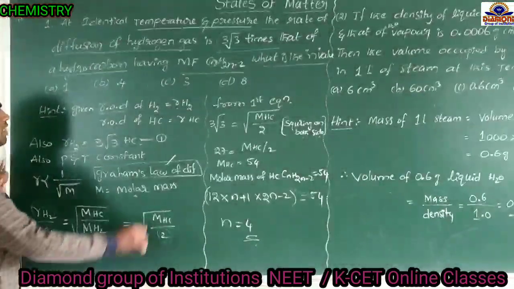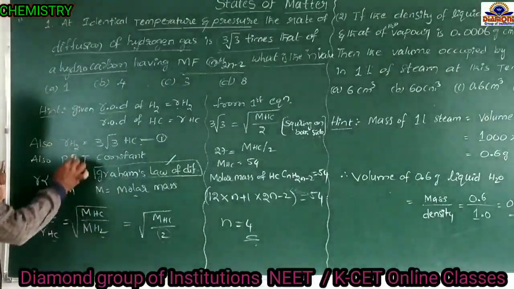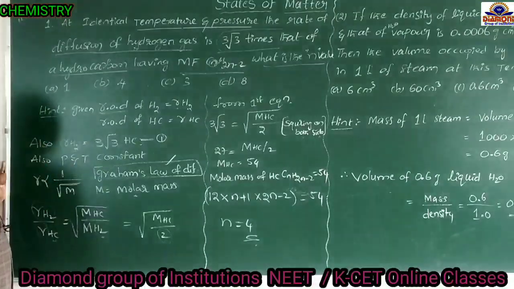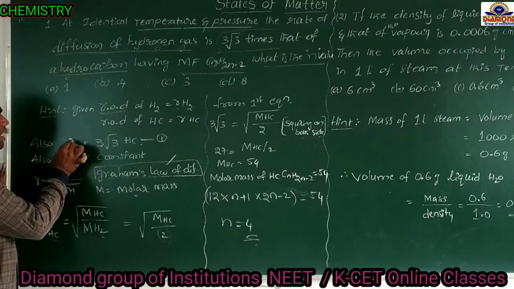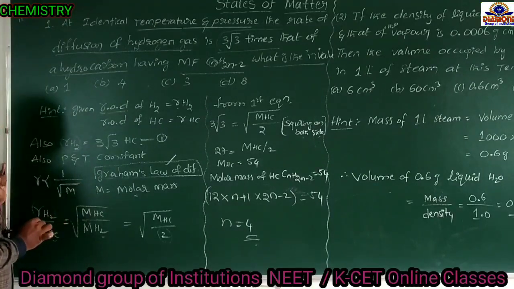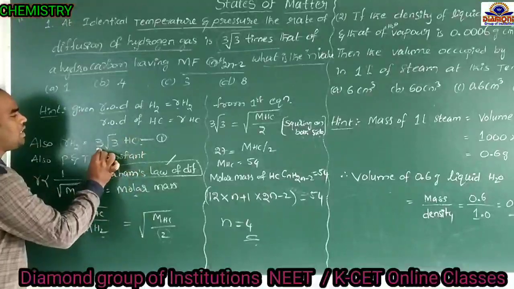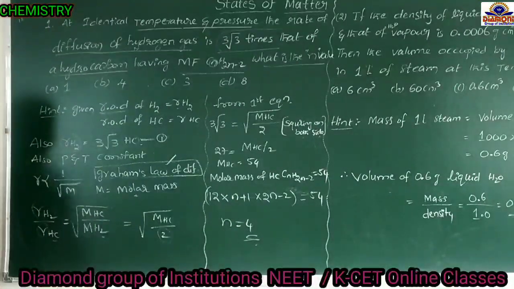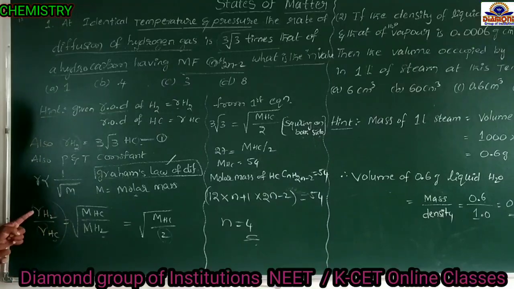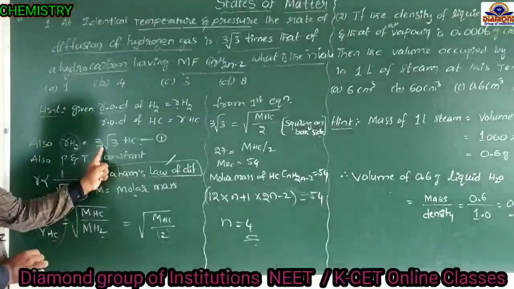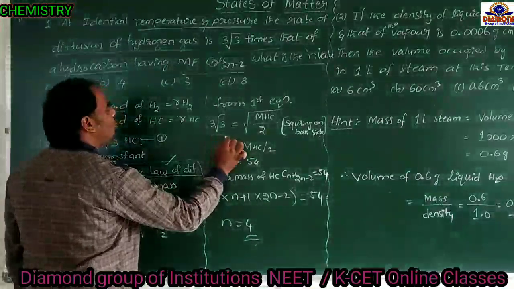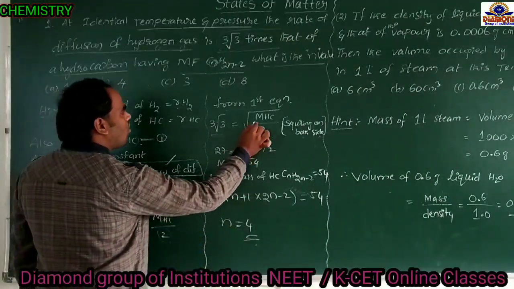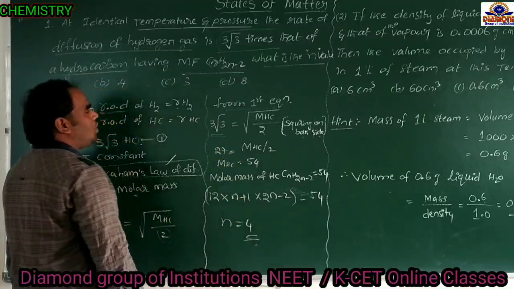From equation 1, the rate of diffusion of hydrogen gas is 3 root 3 times that of hydrocarbon. Therefore the ratio of rates is 3 root 3, so 3 root 3 equals the square root of the molecular mass of hydrocarbon by 2.